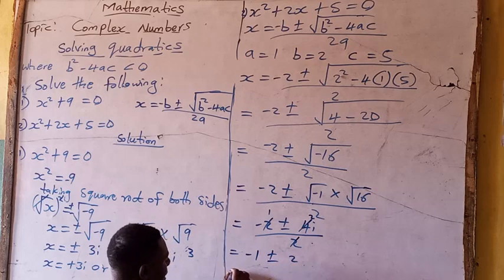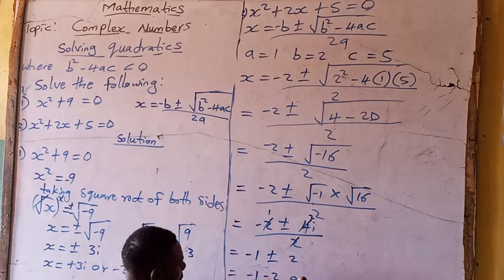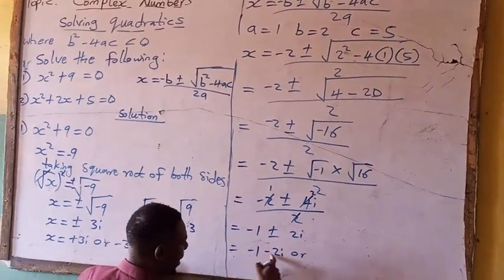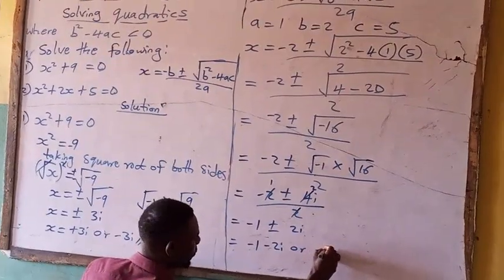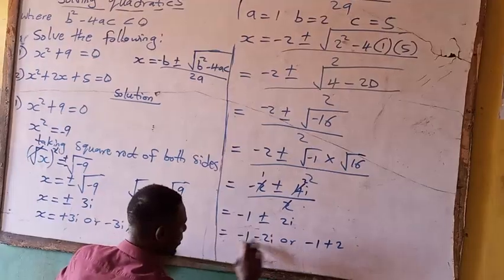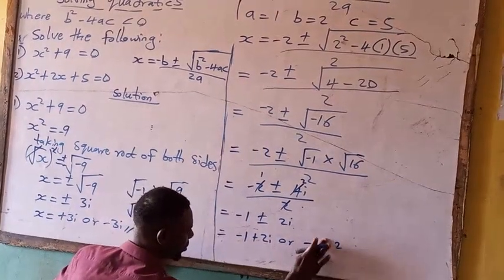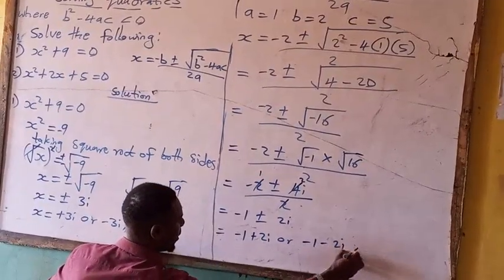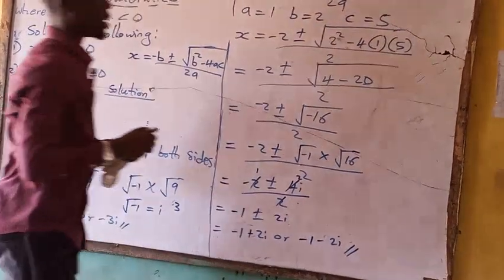So our final answer will be minus 1 minus 2i, or minus 1 plus 2i. Let's take the plus first, minus 1 plus 2i. And this becomes our final answer.